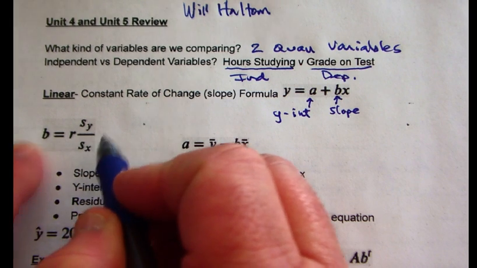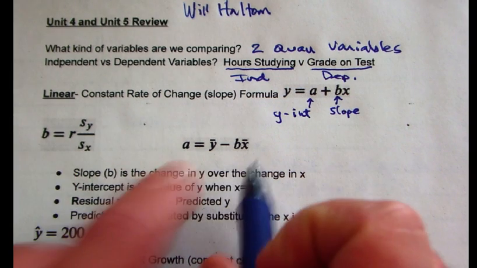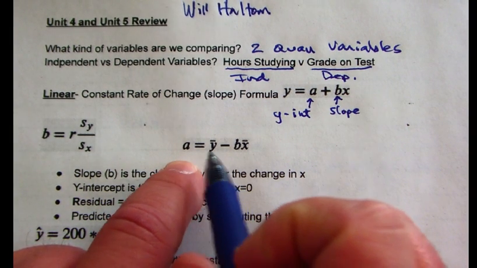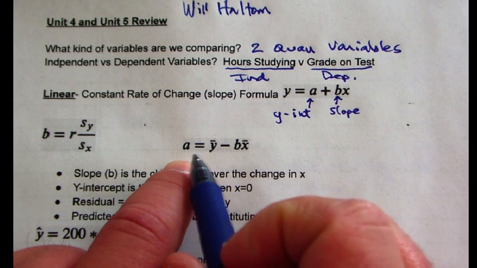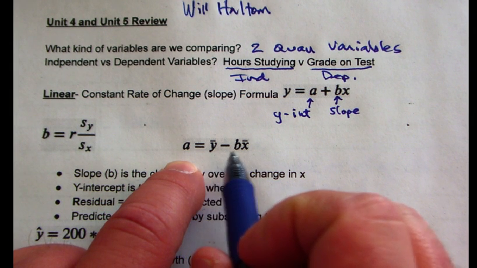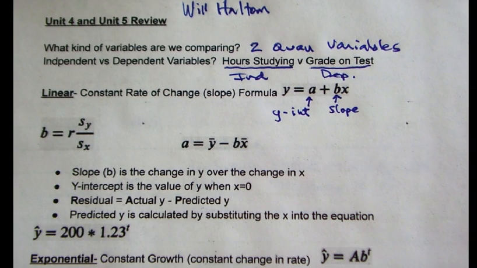And again, if we need to remember which one is on top, actually it's on the formula sheet, never mind. And then secondly, to find the y-intercept, we're going to plug in the mean of the y minus the slope, which we just calculated, times the mean of the x.